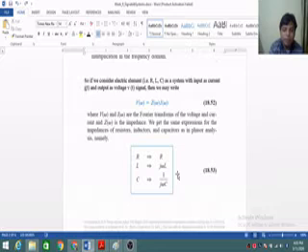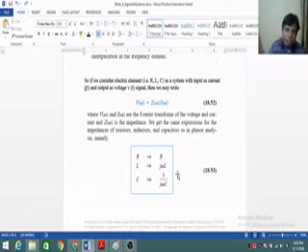Simply, the resistor R stays R, L changes to j omega L, and C changes to 1 by j omega C. This is similar to what we did in the Laplace transformation case: we simply change the time domain circuit to the frequency domain.